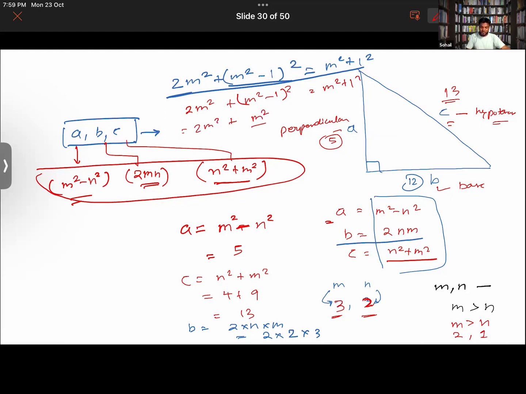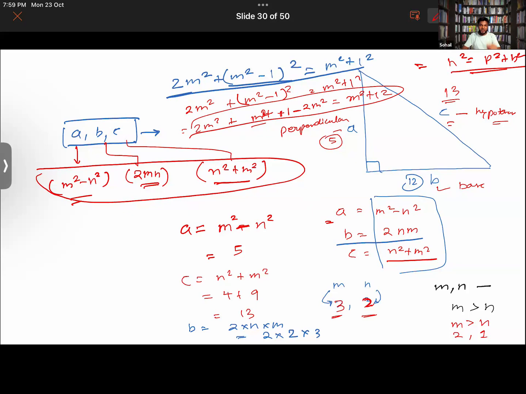Here, m square minus 1 whole square is in the form of a minus b whole square, so it will be m square's whole square, that is m to the power 4, then plus 1, then minus 2 m square into 1, that is minus 2 m square simply. So it will be m square plus 1 whole square. This formula actually fits h square equals p square plus b square. Getting it now?